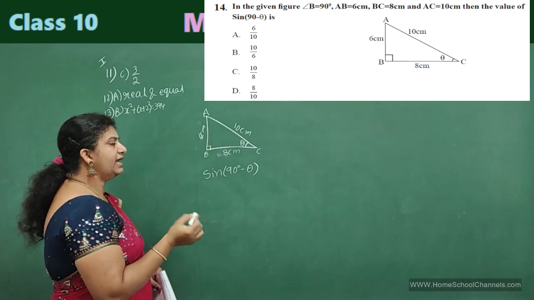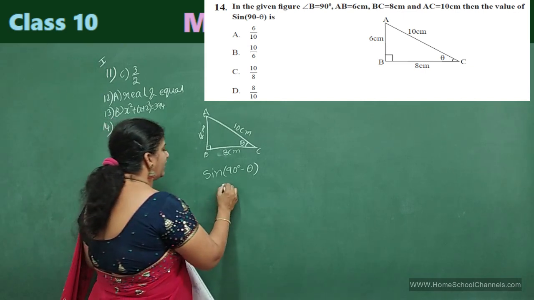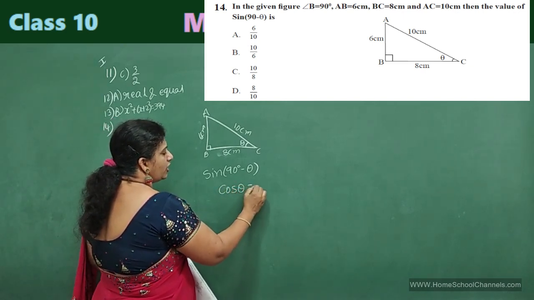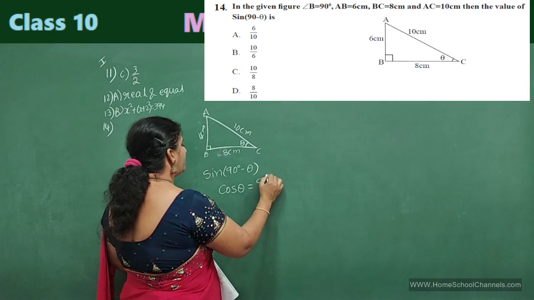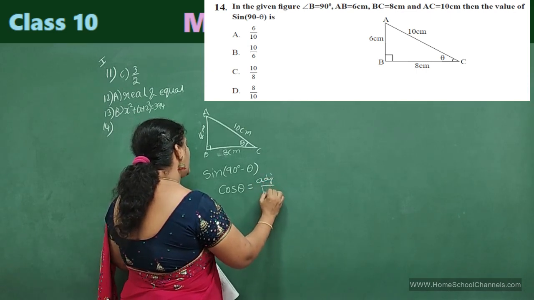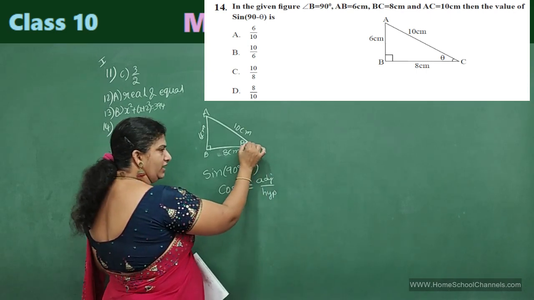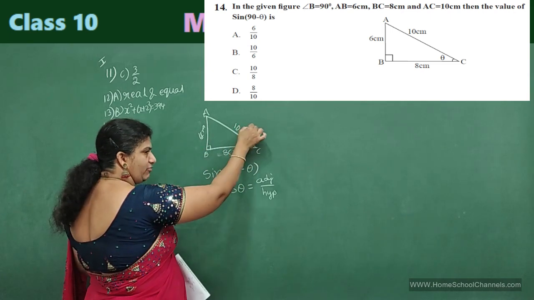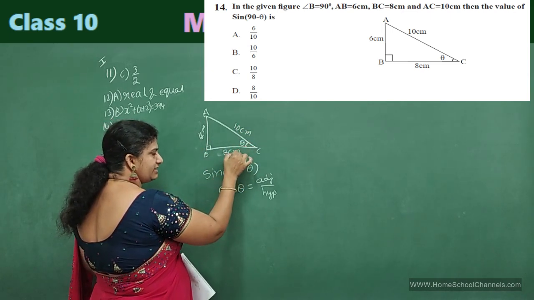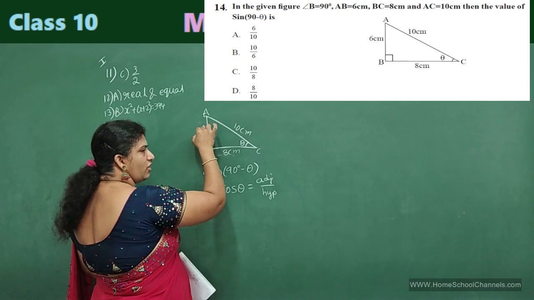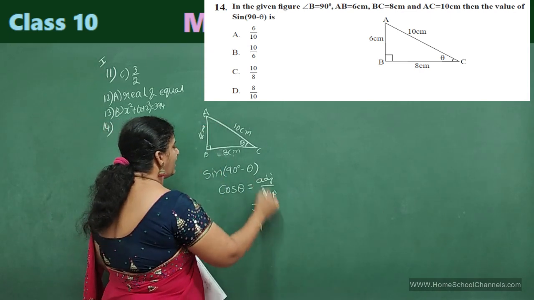Okay. Sine 90 minus theta, immediately I go with cos theta. Cos theta, what is the ratio? Adjacent by hypotenuse. Observe here, this is the theta, right angle, hypotenuse. Where is adjacent? This is the adjacent side and this is the opposite side. Substitute the values.